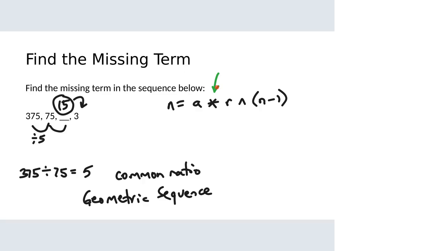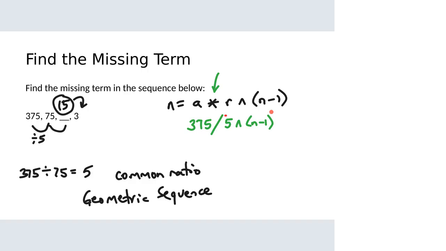Well, if you write this one as, let's see, 375 is where we start. If you write it as divided by common ratio of 5 raised to the n minus 1, I'm going to be okay with that. Technically, you might want a second set of parentheses there, but I'm okay with that as the way you type this one in.